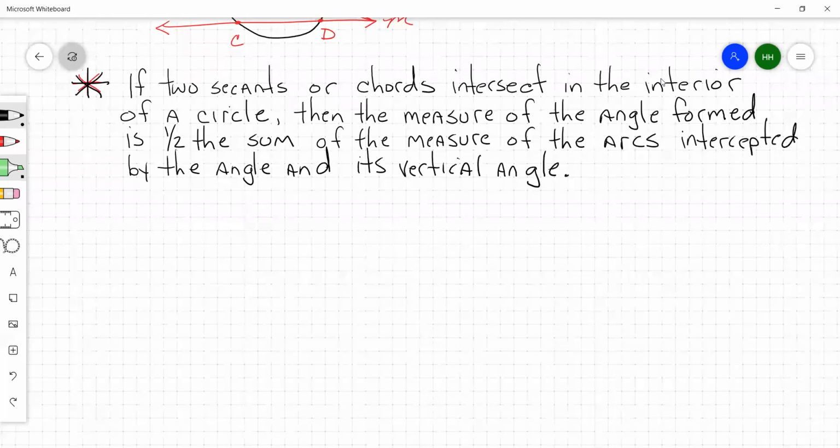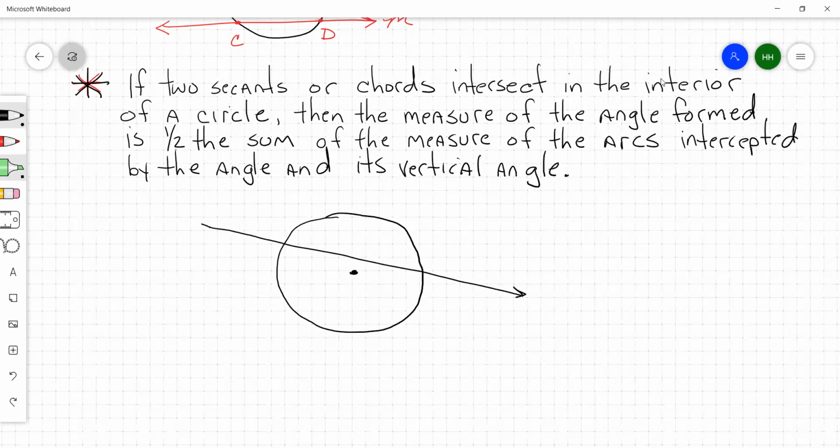So when you get that written down, let's draw a circle, and then two secants, and let's be sure the secants intersect inside the circle.